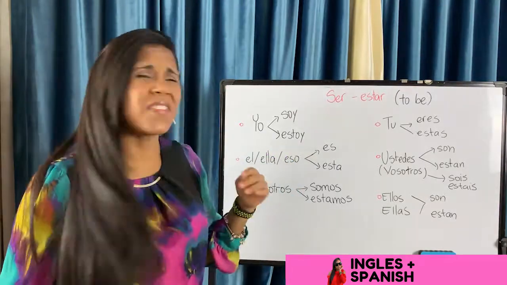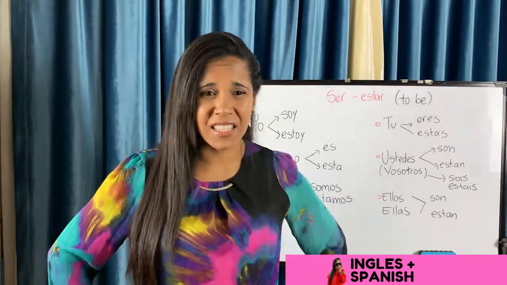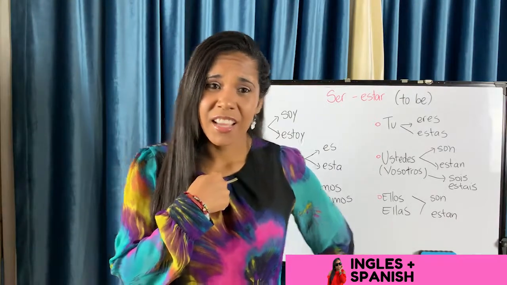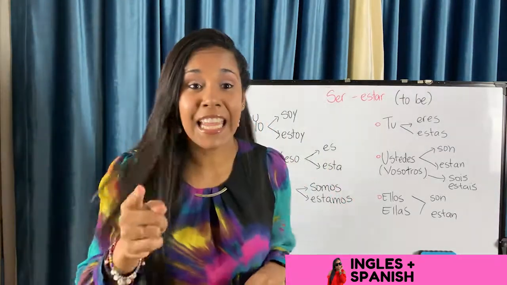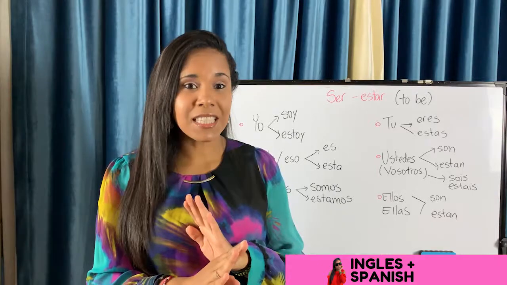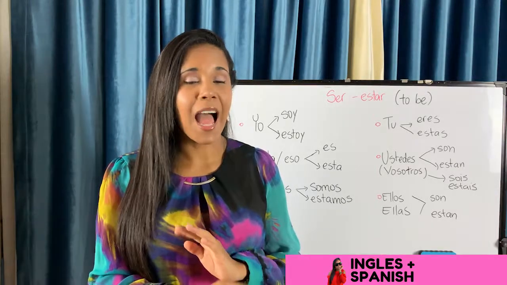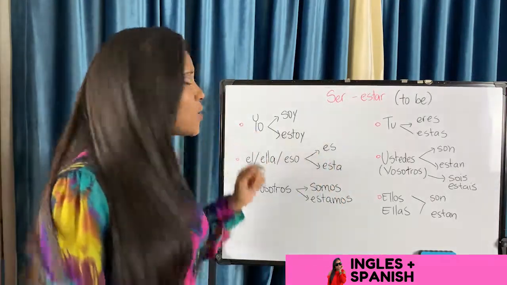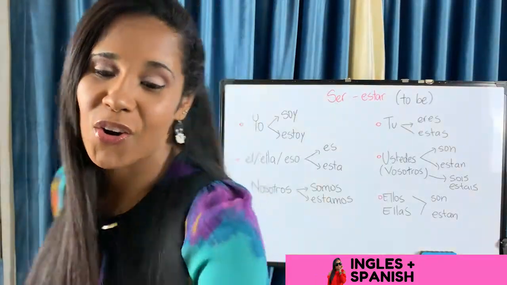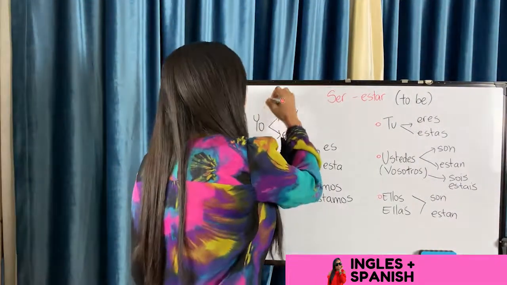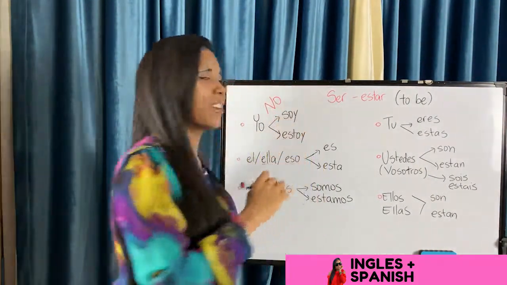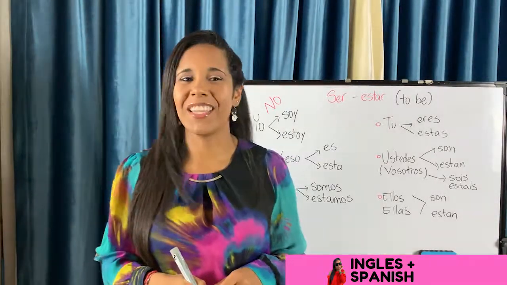The negative form, if I don't want to say, I'm not a student, I'm a teacher. In Spanish we add no, which is very easy. Yo no soy. Yo no soy profesora.